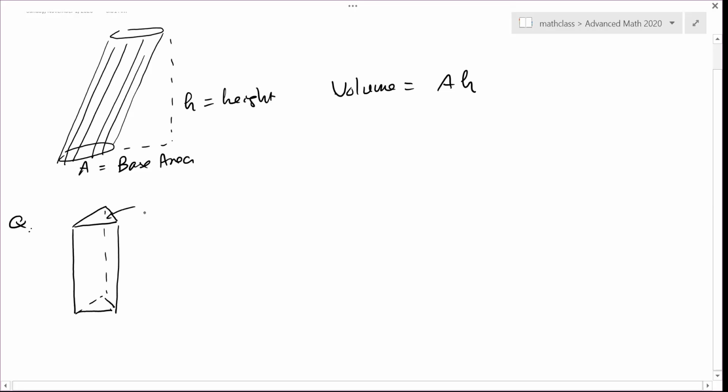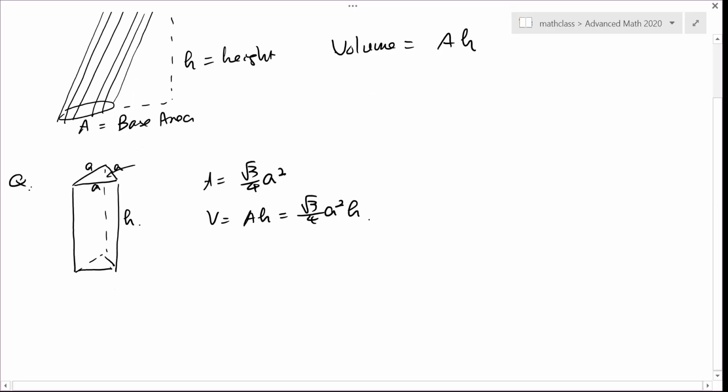This is an equilateral triangle with sides A, A, and A, and this is H. The area of the equilateral triangle is going to be square root of 3/4 A squared. That's the area. So the volume is going to be A times H, times this. So that is the formula.